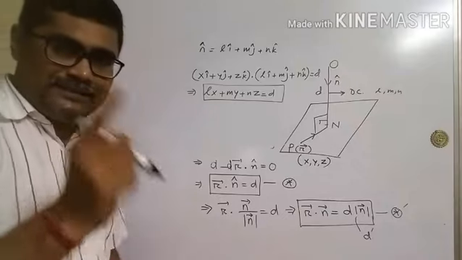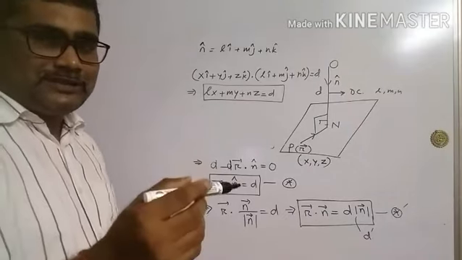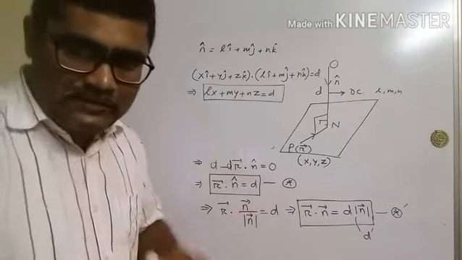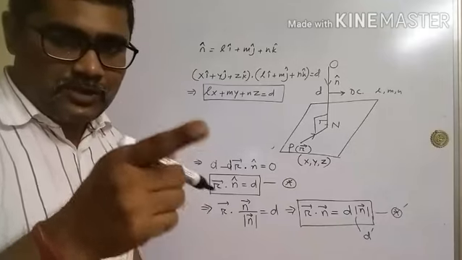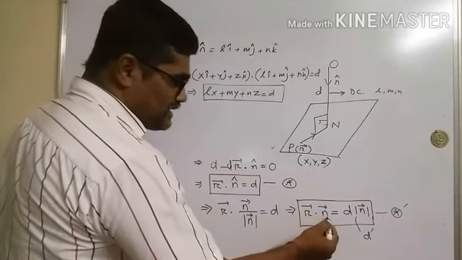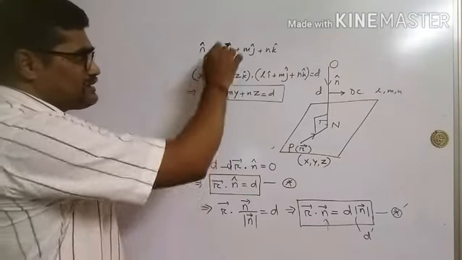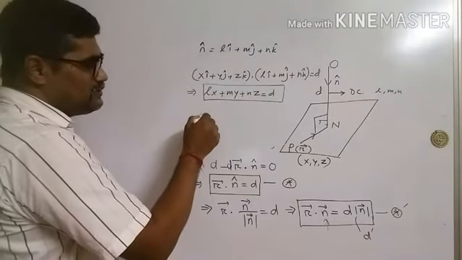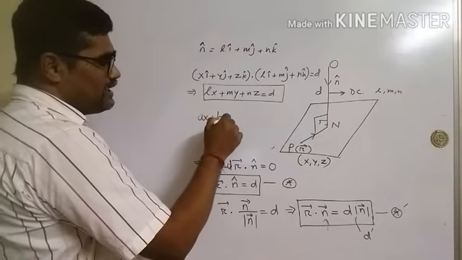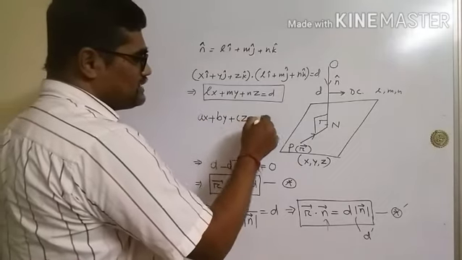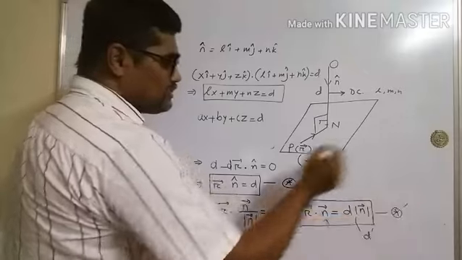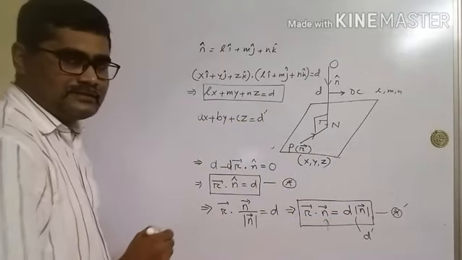So once it is a direction ratio, for our convenience, I am telling you to use small a, small b, small c. So this time components of this will be small a, small b, small c. In a similar way, the equation will reduce to ax plus by plus cz equal to d dash, I'll write as this, right?